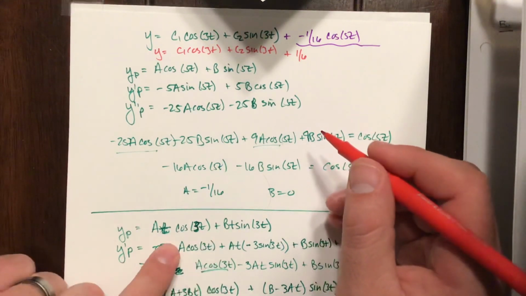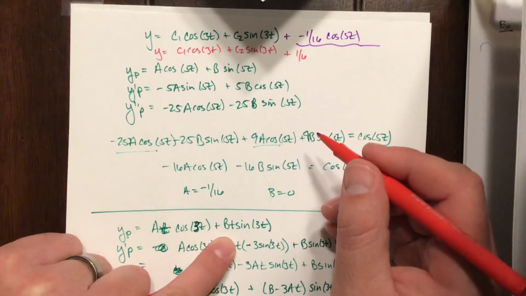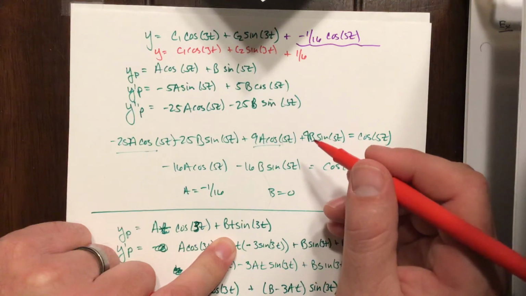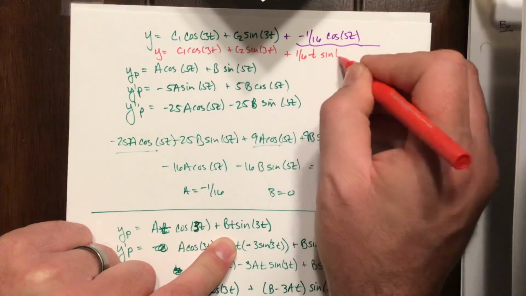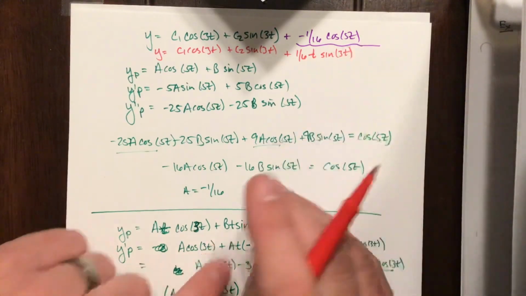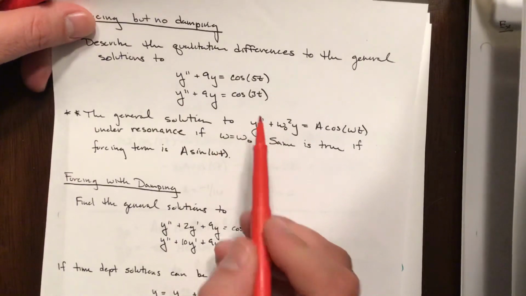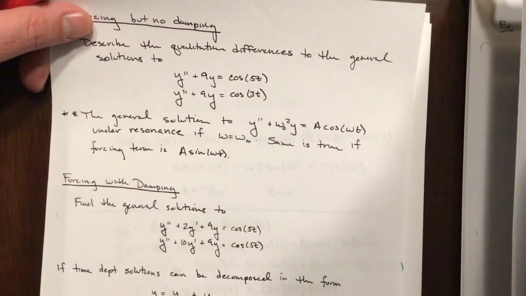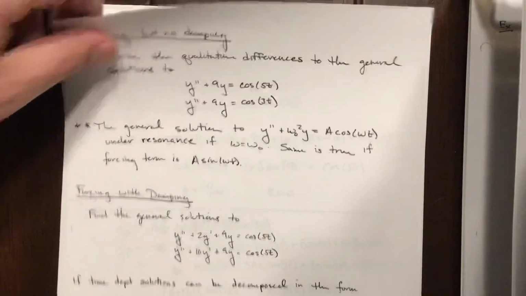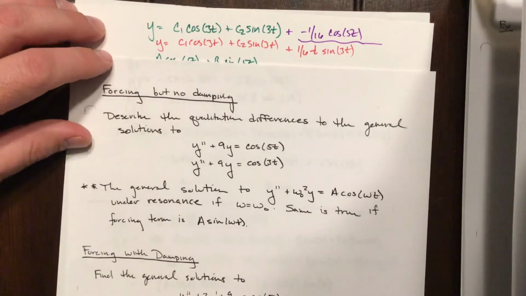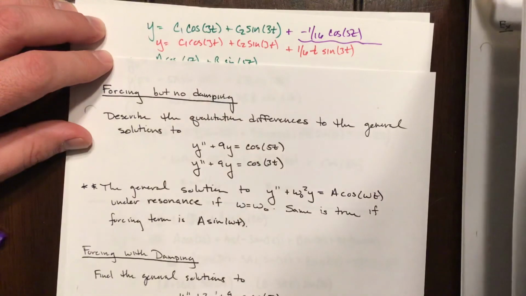And a is 0, so there's no cosine 3t's. B is 1/6. And that's the solution to the second differential equation. So let me show you this real quick. There you go. There's the first one, there's the second one.